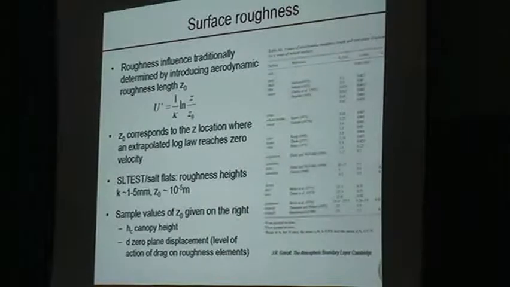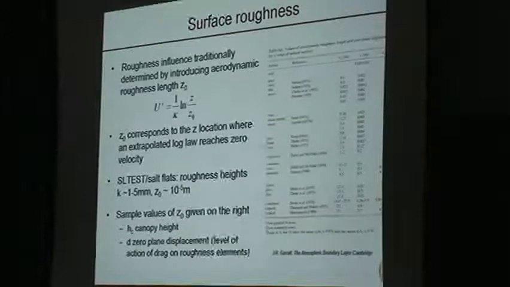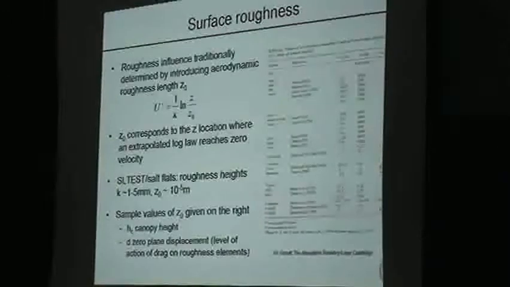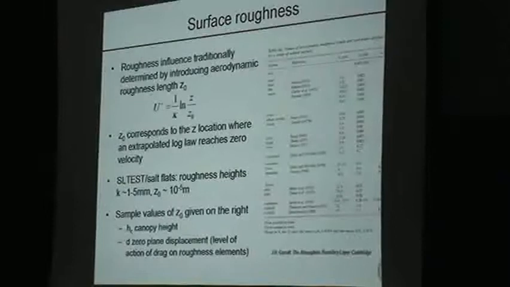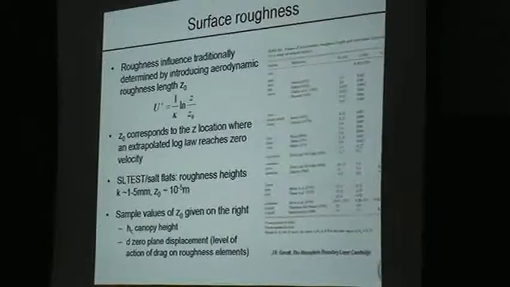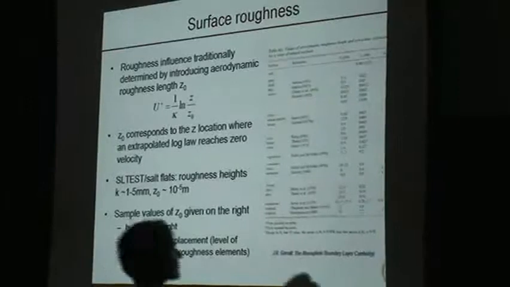If you have grass or trees, what's the height of the stuff that's growing from the surface, and Z0, the aerodynamic roughness length. There's another column, D, which would be the level of the action of the drag on the roughness element. That's less important, so let's take a look at Z0.